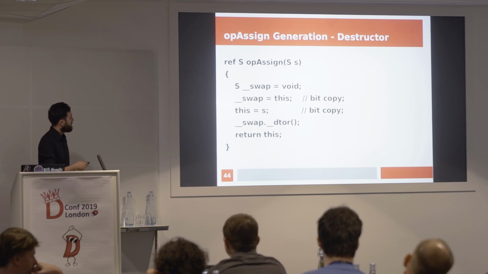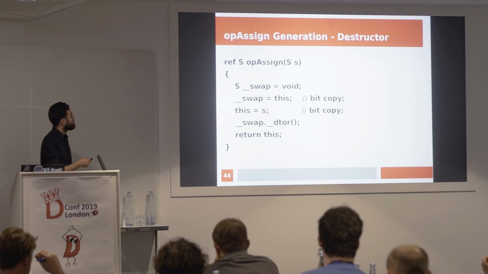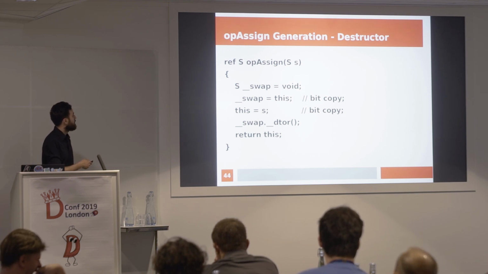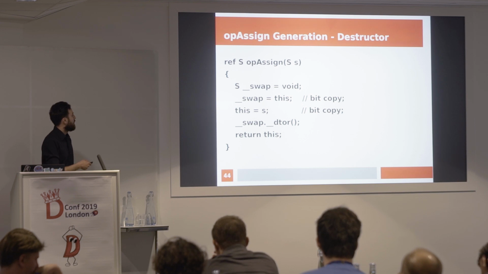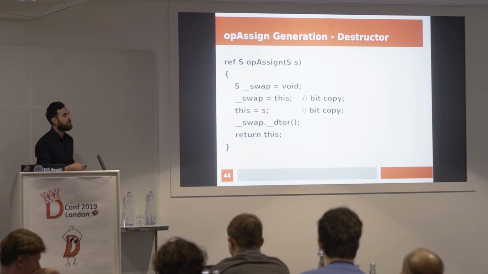So what have we done here? Once op assign has copy constructed this object, we're going to make use of a temporary on which we are going to blit the contents of this, so no op assign, no copy constructor is going to get called here. Then on this I'm going to blit the object I just copy constructed, and then I'm going to call the destructor on the temporary.